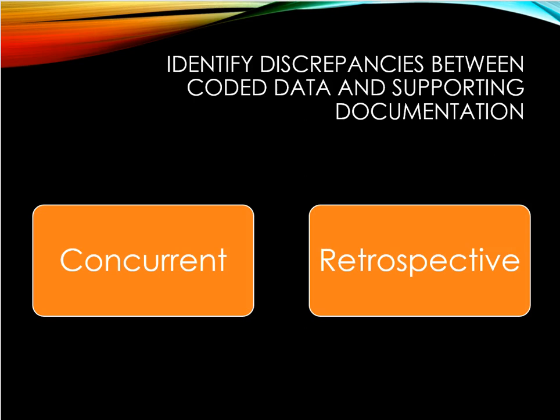Let's begin with our first area, which is to identify the discrepancies between coded data and supporting documentation. I like to call this particular area a documentation review or a documentation audit. Essentially, what you're looking at here are those situations where the documentation and the code assignments don't line up.